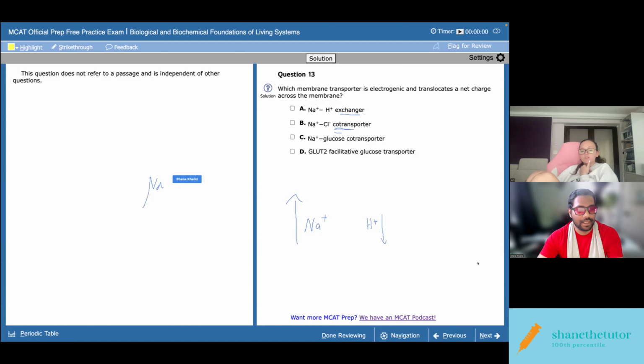The thing with NaCl is that the sizes change, so it's easier for one to get through than the other. Yeah, so a co-transporter means that they're going to go in the same direction, right? And what do they mean when they say electrogenic?